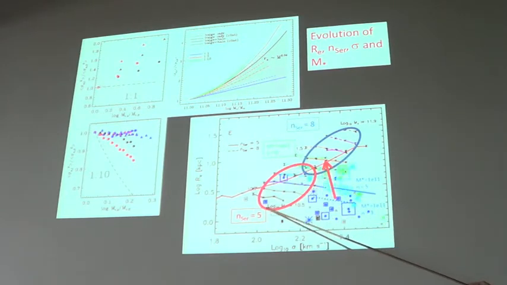But mainly these are the low Sersic index, and these are the high Sersic index galaxies, given the size and velocity dispersion. Then we have different stellar mass, but if we start from a galaxy that is 10 to the 11 with a Sersic index of 3, we can make it go up to 2 times 10 to the 11 with a Sersic index of 8.